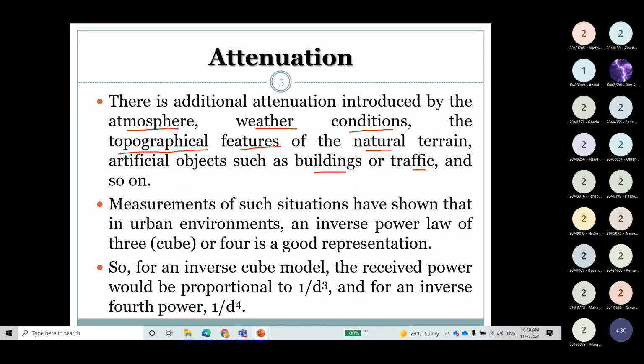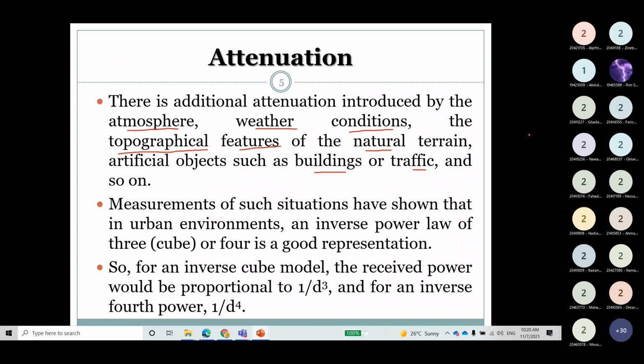Why do we have attenuation? It is a cause of the atmosphere, the weather conditions, the topographical features of nature, mountains, hills. All these natural features will cause some attenuation of the signal.